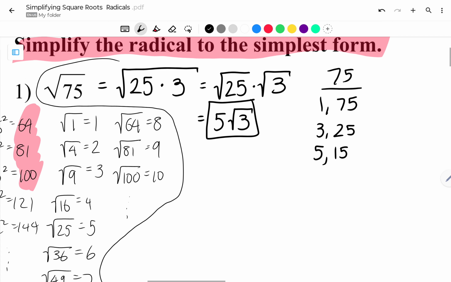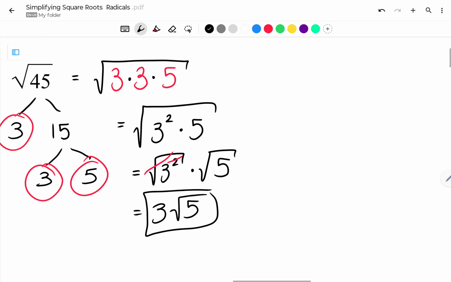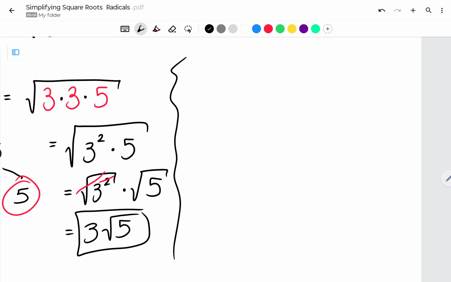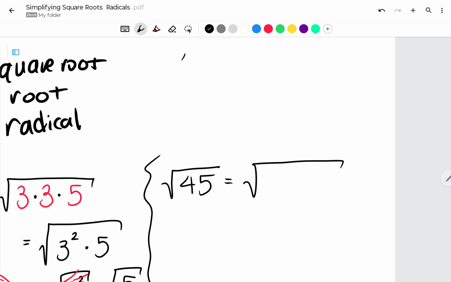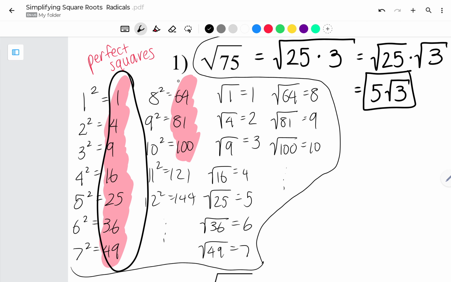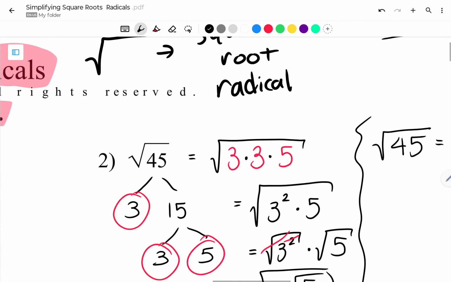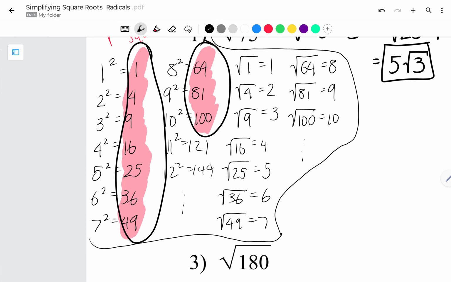If you use the other method here, right, this method, let's try it out. So square root of 45, I'm asking myself, what factors of 45 have a perfect square? So I'm trying to look at these numbers here and see if any of these numbers can go into 45. And immediately, I'm already looking at 9, right?